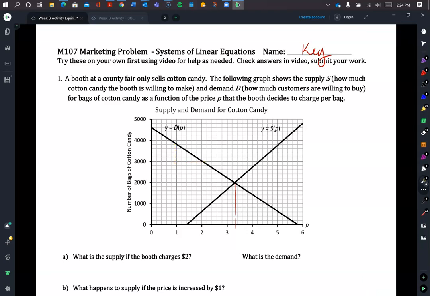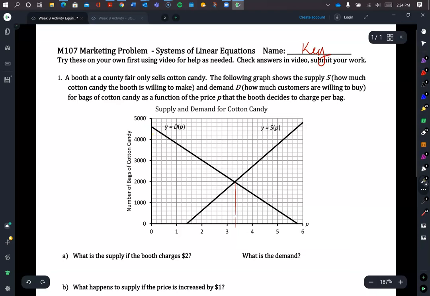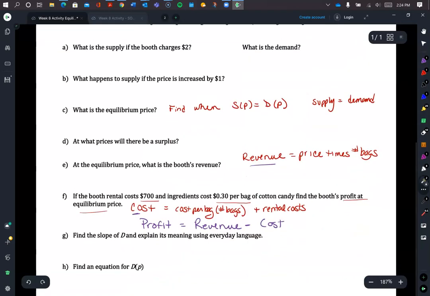And we did some problems like that a little earlier in the term. That would give you your slope. And then you can also figure out the equation by using this y-intercept as well. Okay, so add that into the mix there.